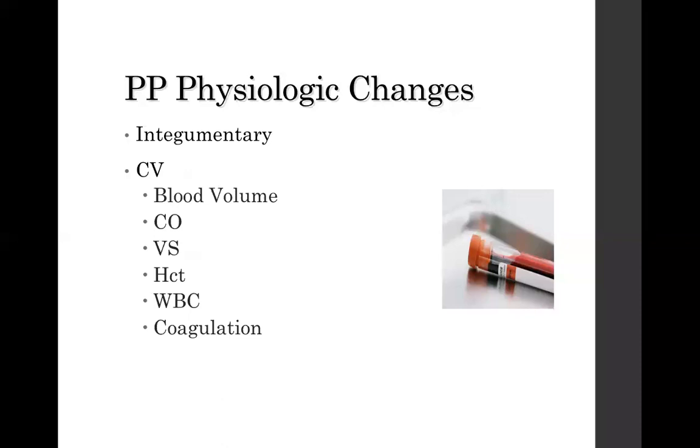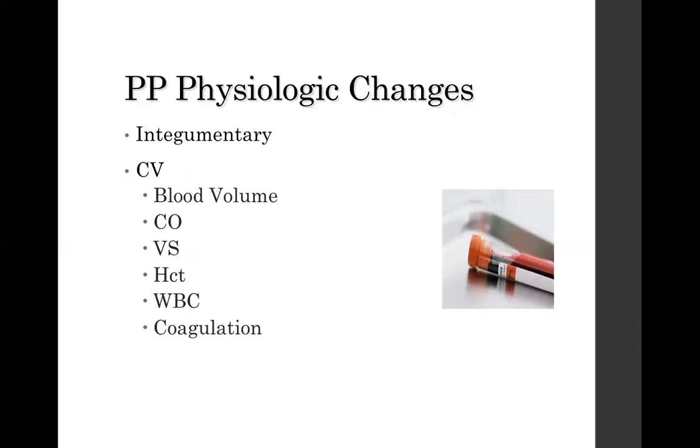But remember, mom was up 50%, so her body was meant to do this. Cardiac output is going to increase for the first 48 hours postpartum, and then it's going to decrease by about 30% at 2 weeks. And then it usually normalizes at about 6 to 12 weeks postpartum.